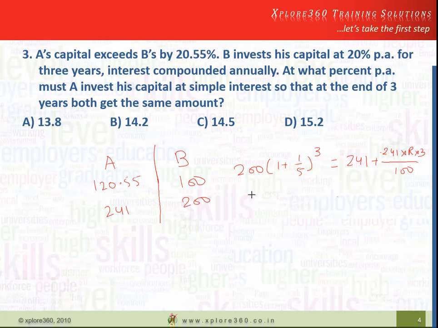What I observed from the sample paper is that TCS is either going to ask a tricky question, otherwise they are going to ask a question where you have to do lots of calculation. Here you cannot get away from the calculation part. When you do the calculation, you will get R equals approximately 14.5%. So the correct answer is this.